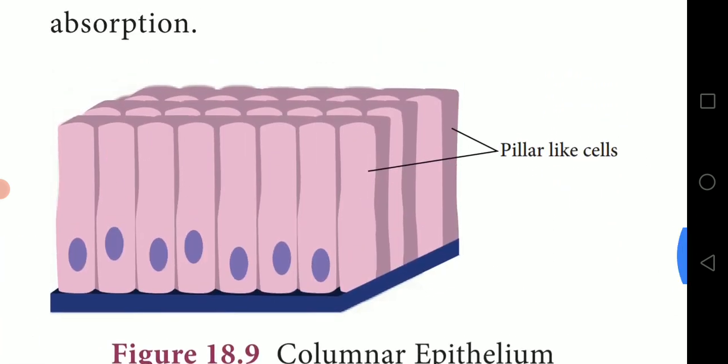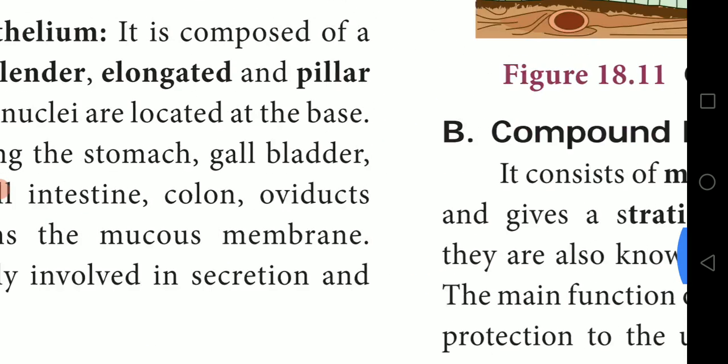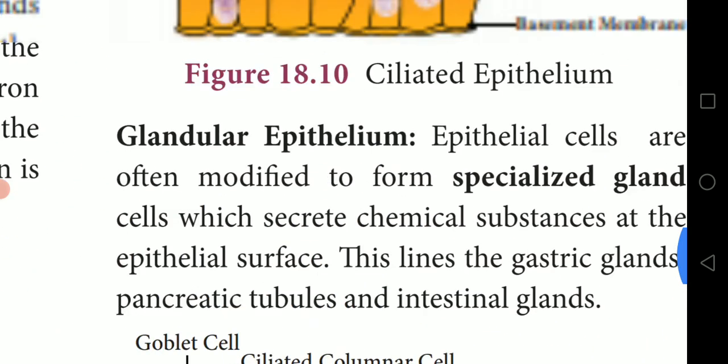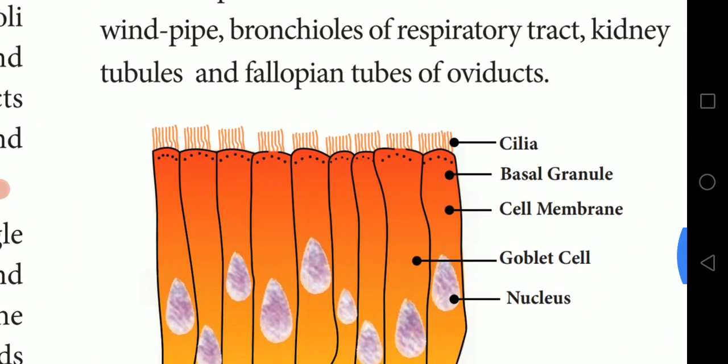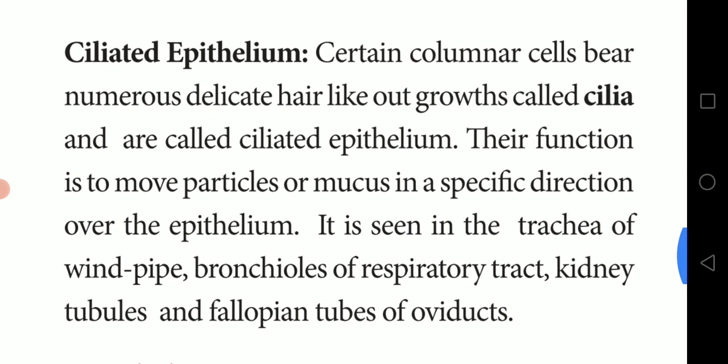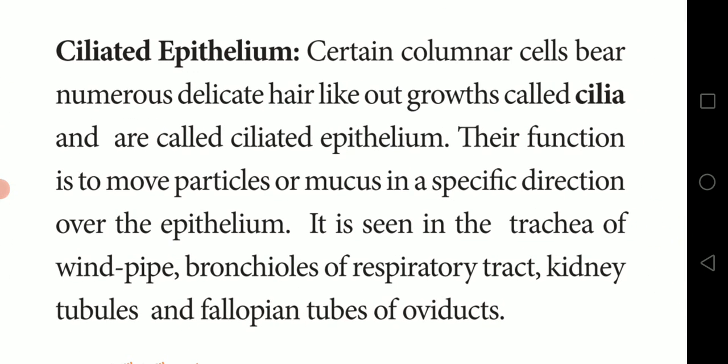The next topic is ciliated epithelium, the fourth type of simple epithelium. Because of the cilia-like structures, it is called ciliated epithelium. Certain columnar cells bear numerous delicate, hair-like outgrowths called cilia.